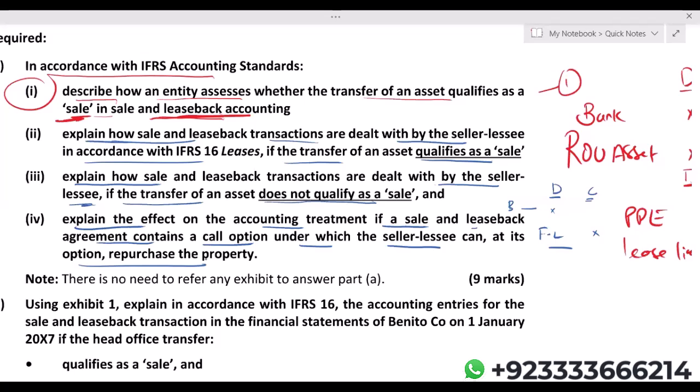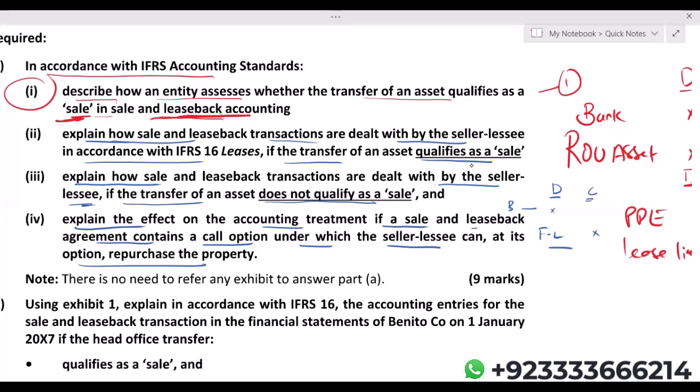Repeat. If the seller lessee has the call option, meaning the right to buy, in that case the transfer of asset will not be treated as a sale. It will only be treated as a sale when the call option expires.